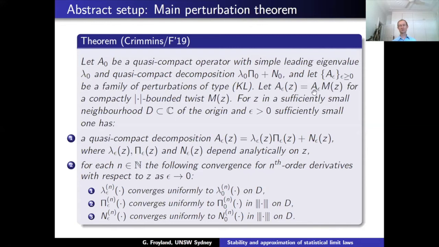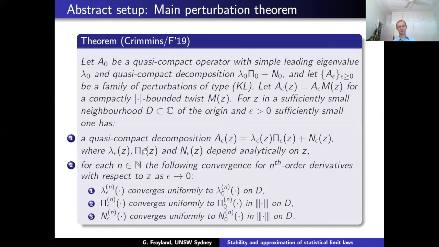This A epsilon might be some numerical estimate of the transfer operator, and we are now applying a twist to that. So if Z is small enough and our perturbation is small enough, then our perturbed twisted operator also has this simple quasi-compact decomposition. And the perturbed top eigenvalue depends analytically on Z.